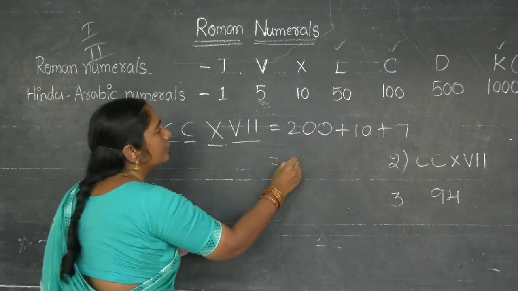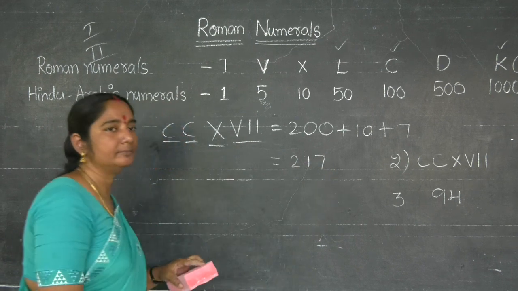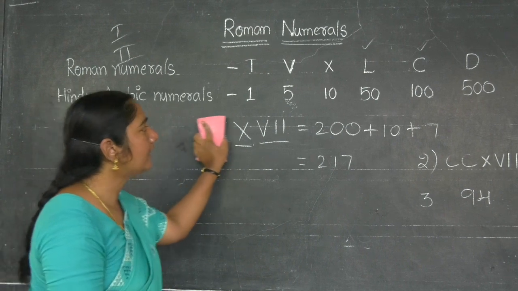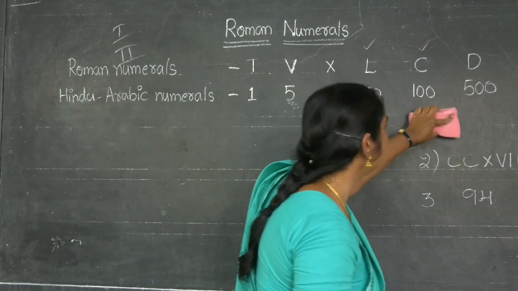So the value is 217. I think now you understood. Now this is a second question paper. This is the question given.